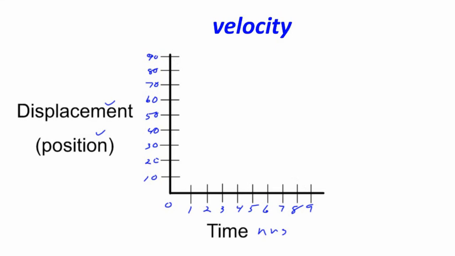Let's say my graph is going to look like this. All right, I'm going to give you just a second to look at that. What do you think is going on in this graph?